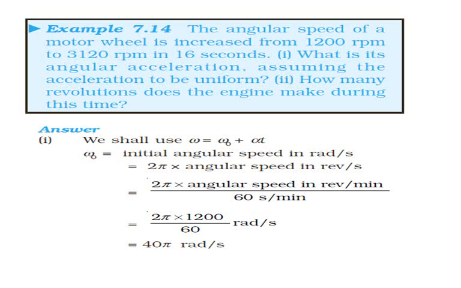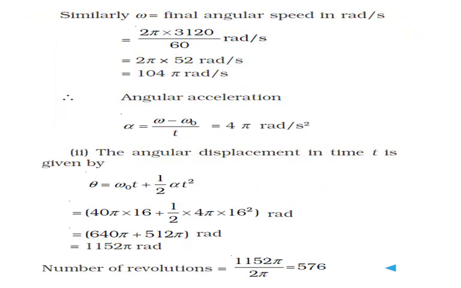So omega naught will be equal to 2 pi into angular speed. By using the equation omega is equal to omega naught plus alpha t, and by putting the value you will get the value of omega naught. Similarly, you can find omega, and you know that angular acceleration is omega minus omega naught, the change in angular velocity upon time taken. So you will get 4 pi radian per second square.